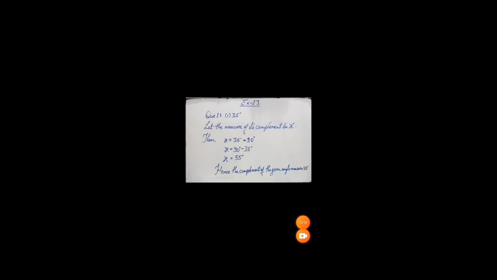Now come to exercise 13. Find the complement of each of the following angles. First, 35 degrees, and we need to find the complement of this angle. There are two complementary angles, the measure of the first angle is 35 degrees, and we need to find the measure of the other angle.